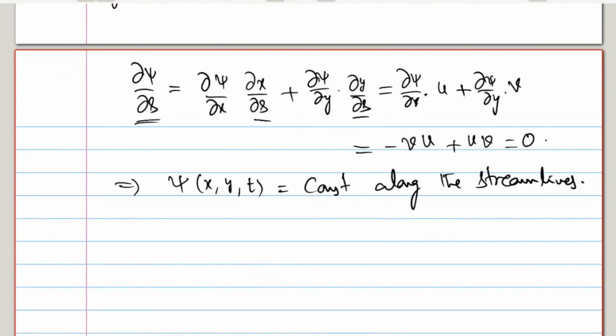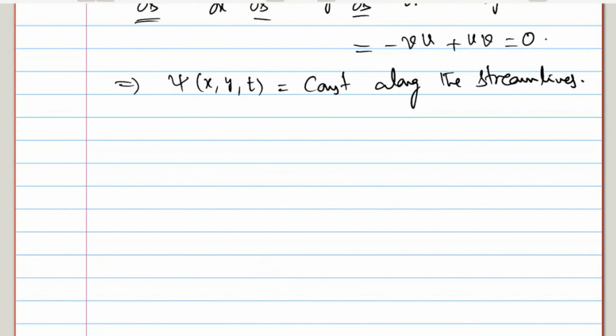So if you have such a function, that's called a stream function. We can define it formally as a definition.